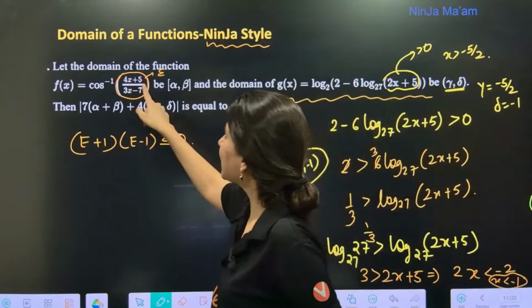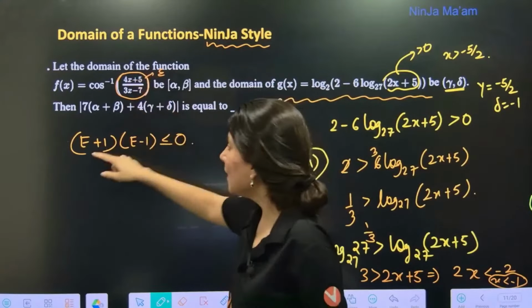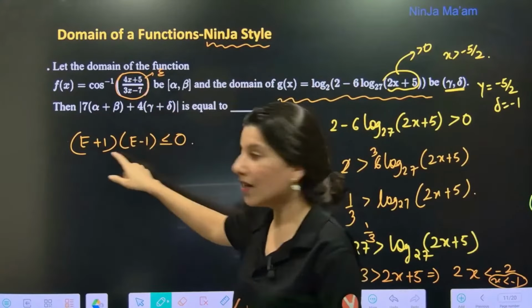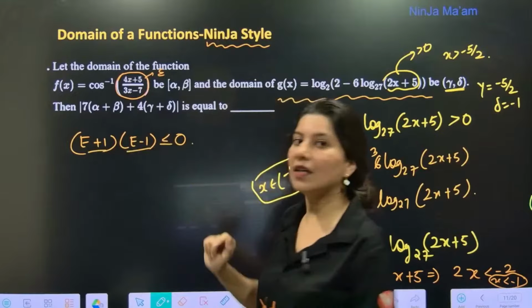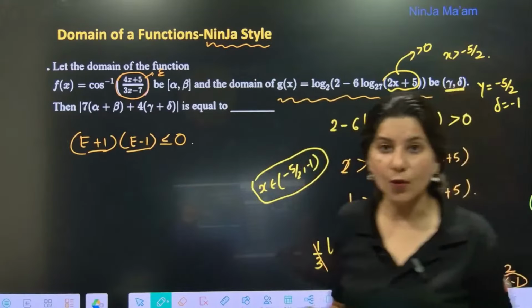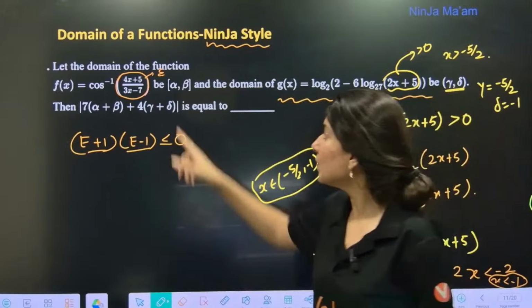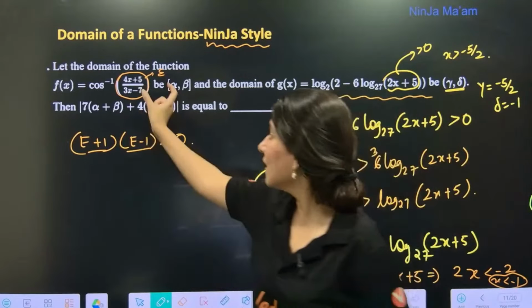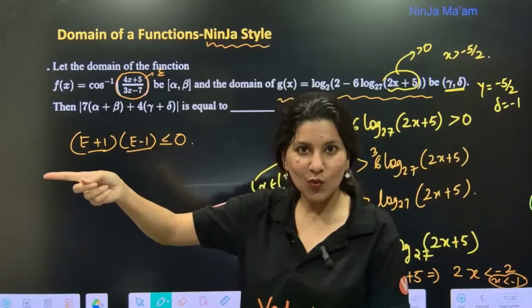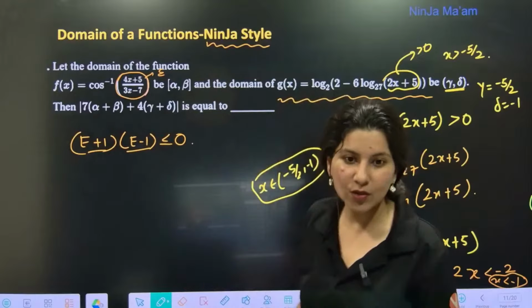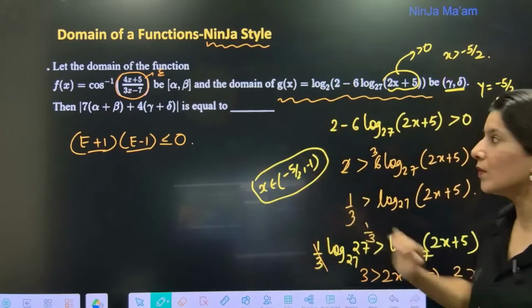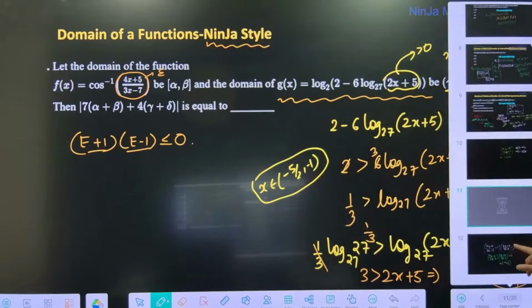So 4x plus 5 is that expression e. You add 1, you subtract 1, and then you multiply these two together and make it less than or equals to 0. Otherwise, you have to make this thing lie between minus 1 to 1, and a double inequality will come into the picture, and this will make the problem a little bit lengthier, my students.